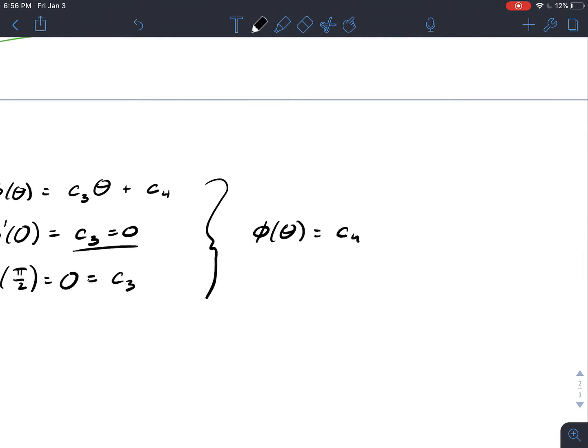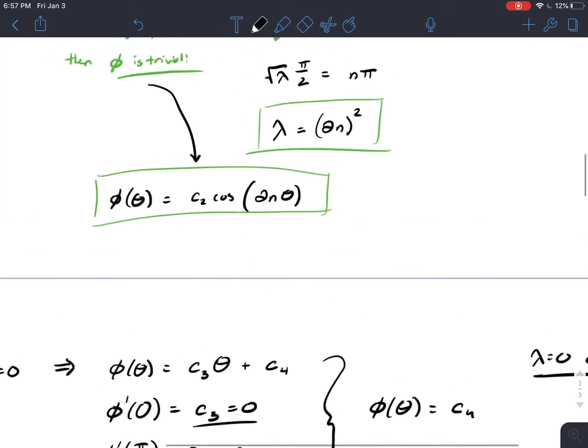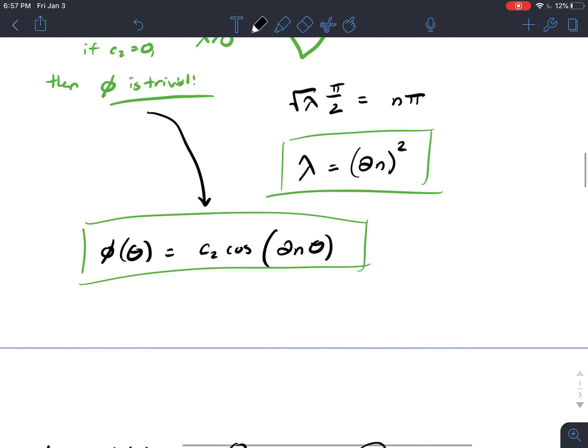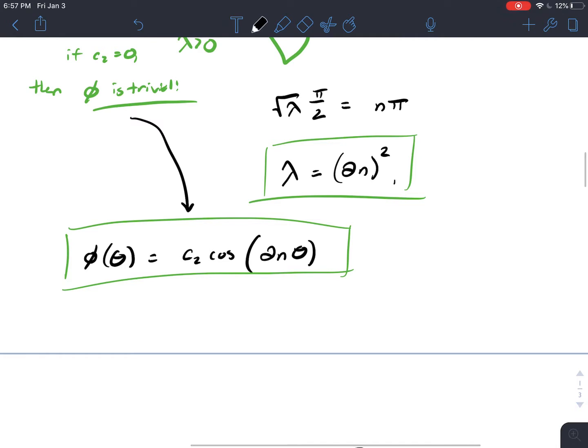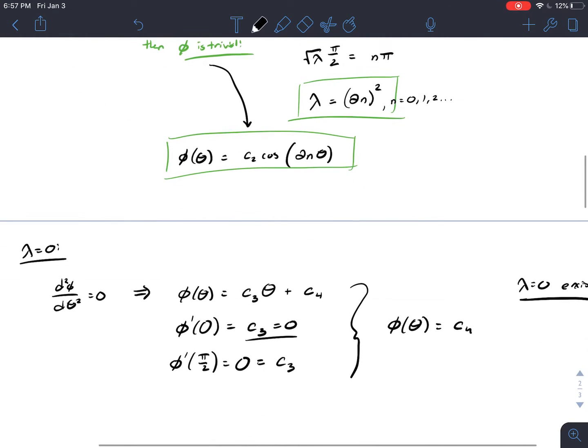And since this is not just the trivial solution, so phi of theta is not simply equal to 0, this means that lambda equals 0 exists. And since lambda equals 0 exists, these n's, remember these n's are integers, these n's can start from 0. So n equals 0, 1, 2 to infinity.